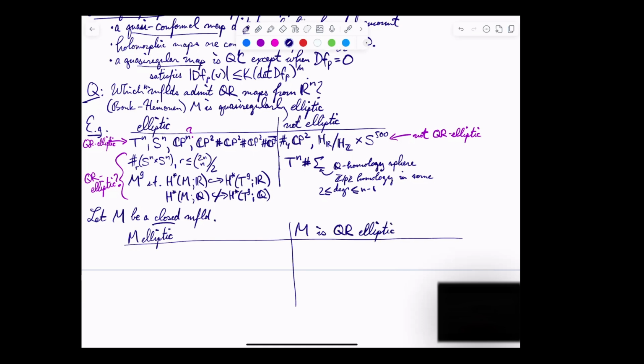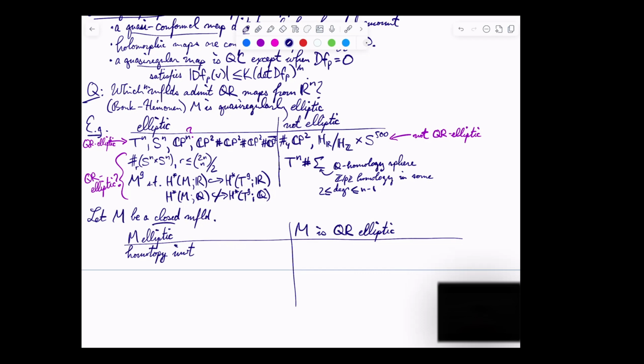And the reason it's good to care about closed manifolds is that these are both topological invariants. So ellipticity is even a homotopy invariant. And this is not hard to see. Basically, you can take any homotopy equivalence between two Riemannian manifolds and make it Lipschitz. This is not a problem.